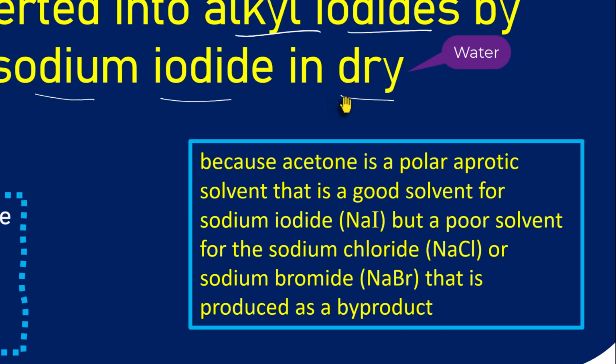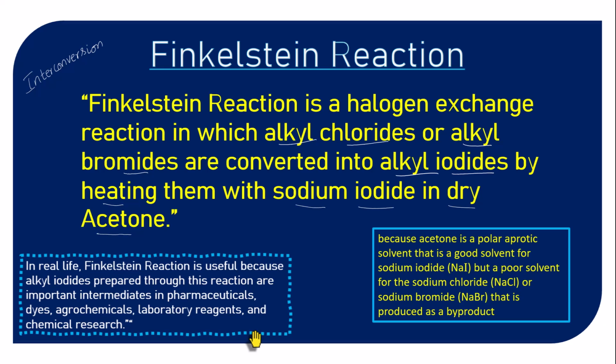If water is present, it will act as a good solvent for dissolving sodium chloride and sodium bromide, which is not required for us in this particular reaction. And the reaction goes sideways and does not give us the required product in good quality and quantity. Therefore, usage of acetone is important and usage of dry acetone is also equally important.